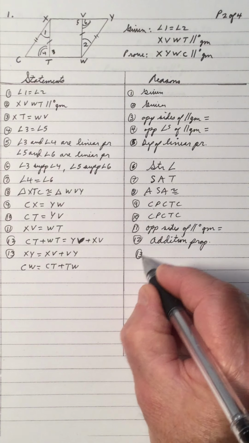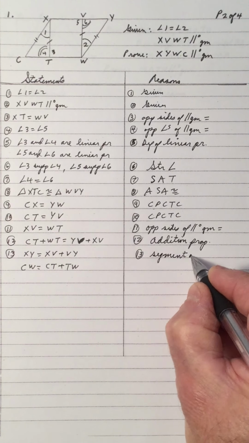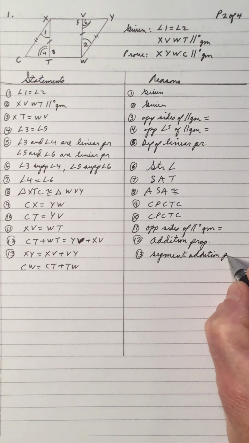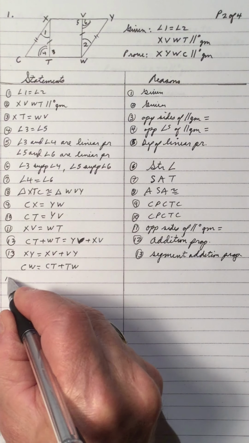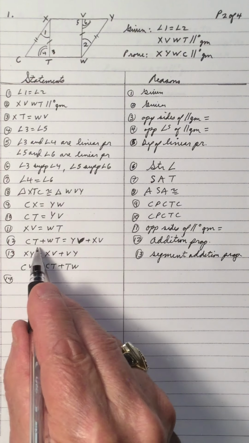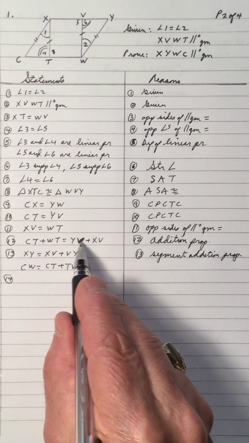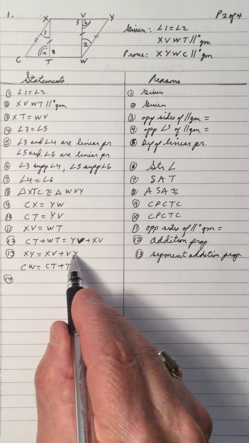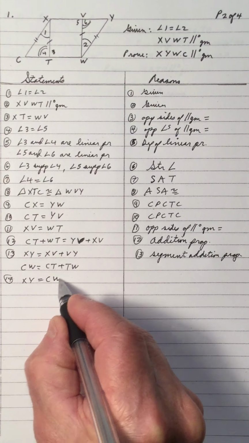And the reason is the segment addition property or postulate. As a result, notice we have these two right here. These two are right here. There they are. And that means that XW is equal to CW.